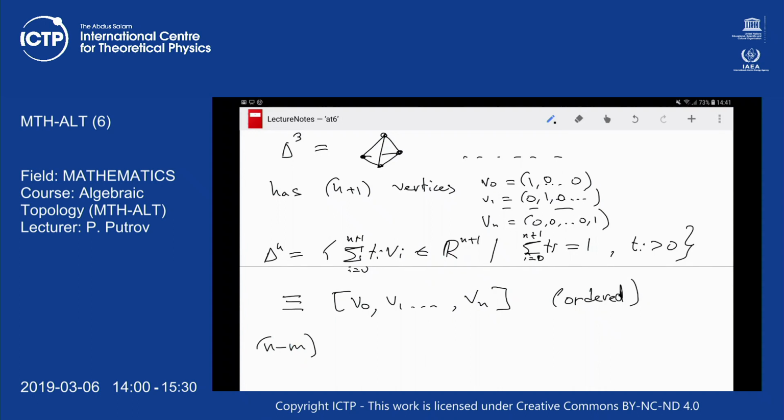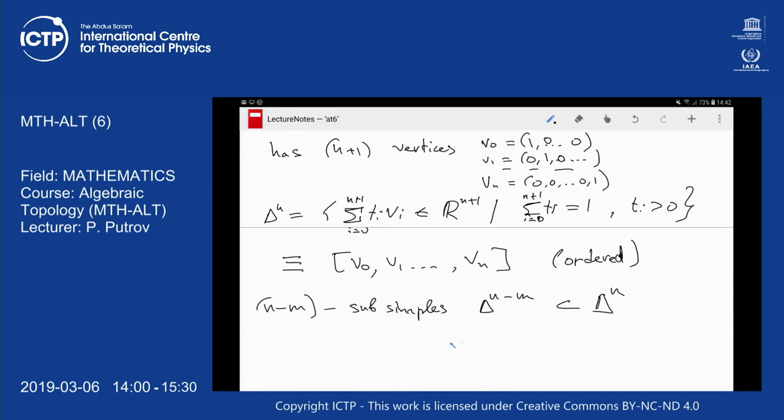canonically included subsimplices. So, for example, an n minus m subsimplex, delta n minus m, can be realized in delta n by restricting, so we take m of the coordinates to be 0.